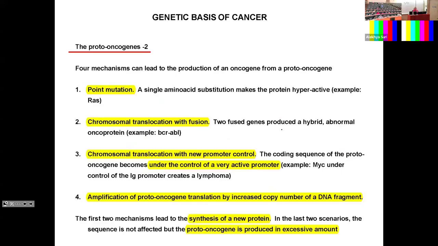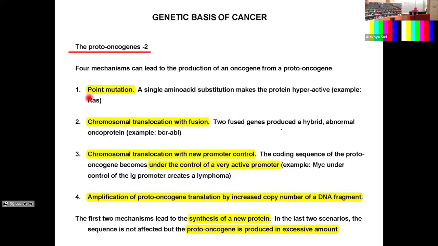So in summary, what we explained before, we have here number 1 and number 2, the first two, which lead to synthesis of a new protein, right? And the last scenarios, 3 and 4, the protein-coding gene is produced in an excessive amount. So first is the synthesis of a new protein, the other is different amounts.